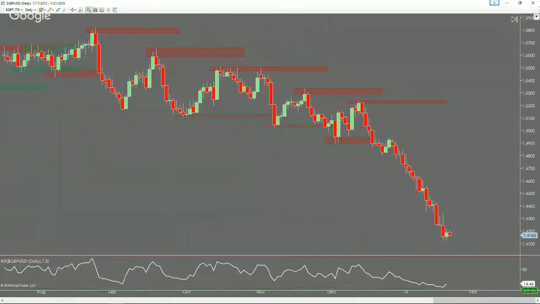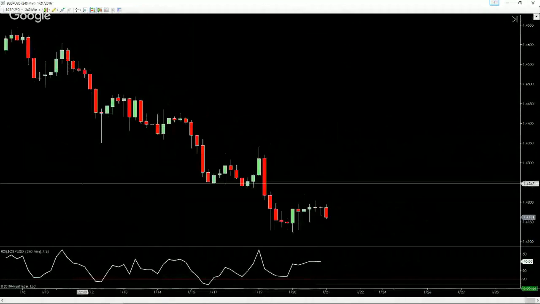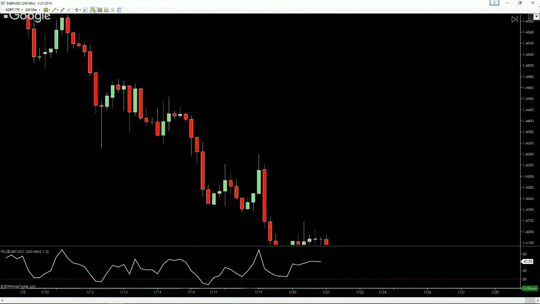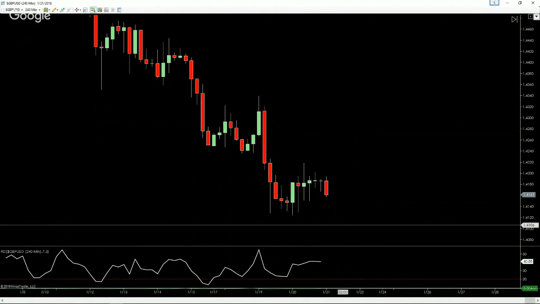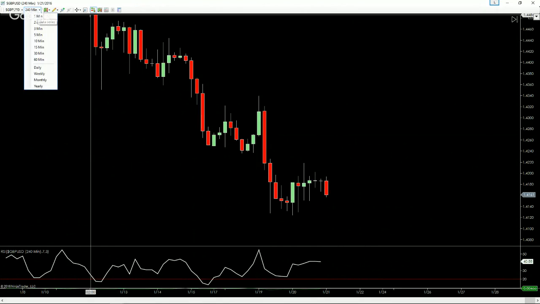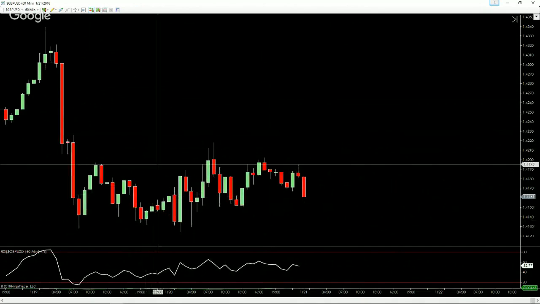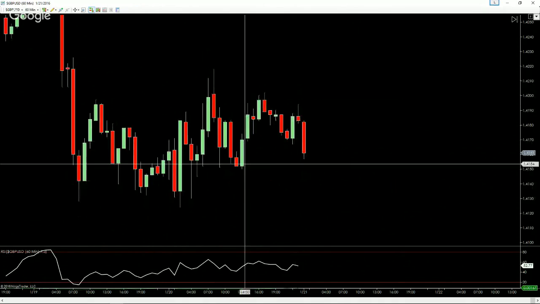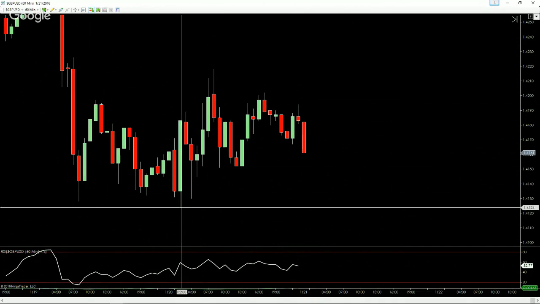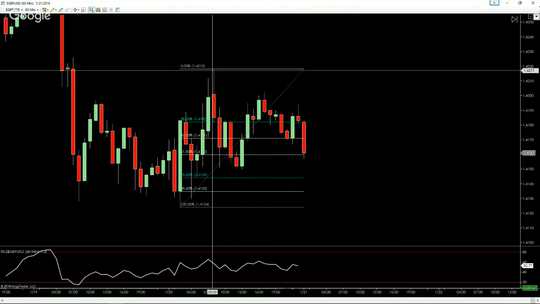Let's go to pound dollar. Still very bearish. Okay, looking like it's finding some sort of support level right there. Let's go to the 60-minute. On the 60-minute, there is a small pattern right here. It looks pretty small, but it's a pattern nonetheless. It's another Gartley.